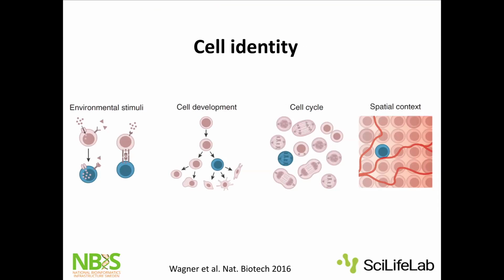When we talk about cell types, or cell identity, which is probably a better word because it is a bit more broad, it could be anything from the actual type of cell, how it's reacting to different environmental stimuli, where it is in development, where it is in cell cycle phase, or where it is in the spatial context. So cell identity can be many things, and you need to consider really what it is you're looking for when you're clustering data.